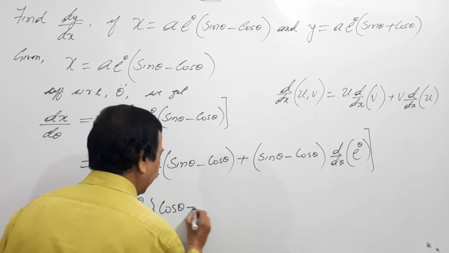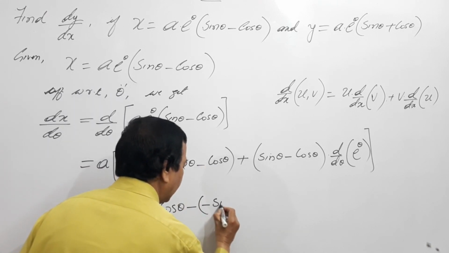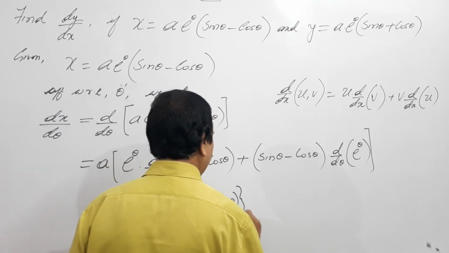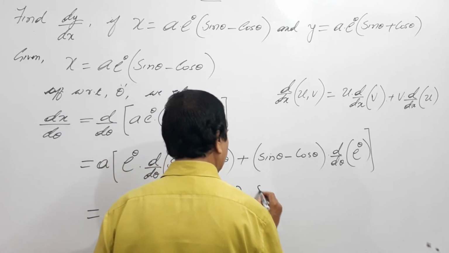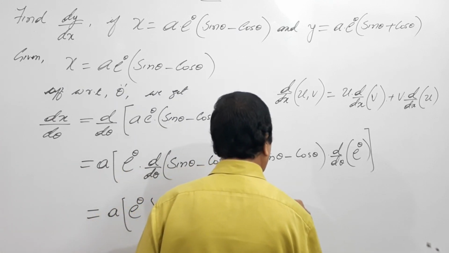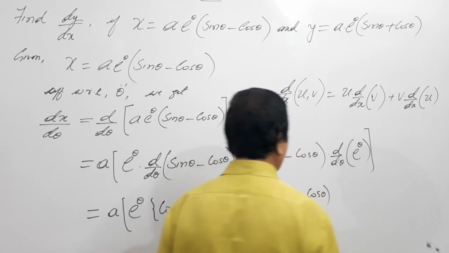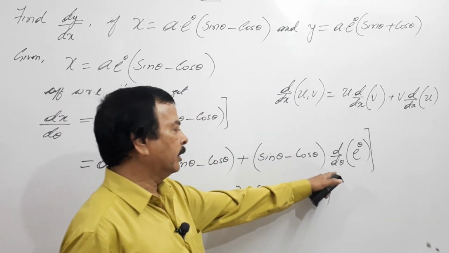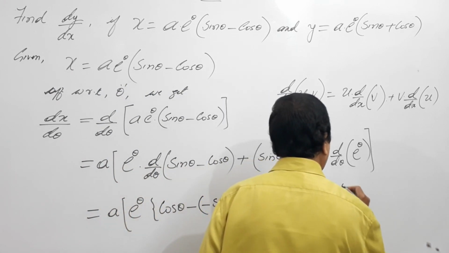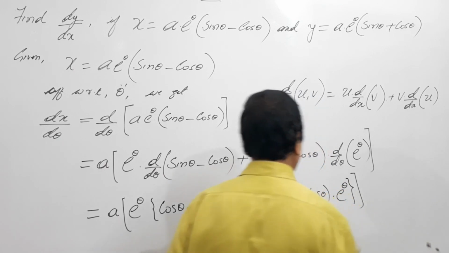So this is minus, and here minus sin theta, close the bracket, again plus sin theta minus cos theta as it is. If you differentiate d by d theta of e to the power of theta, it will be e to the power of theta itself.